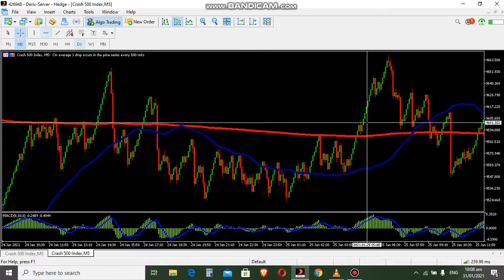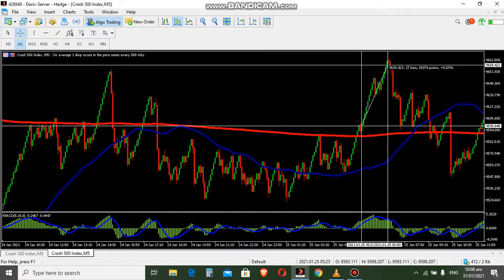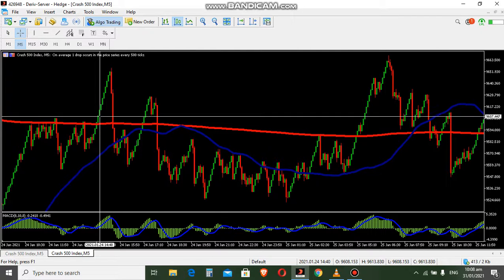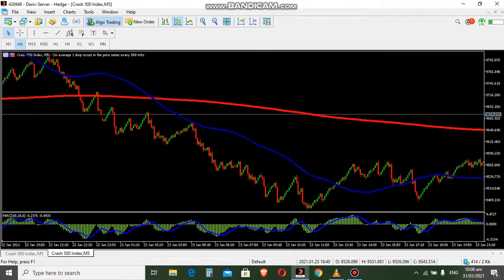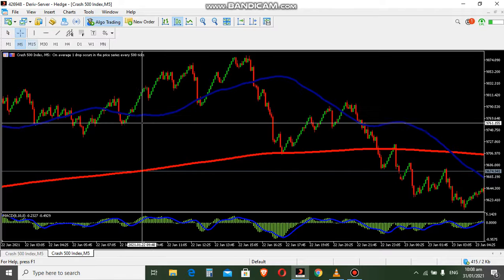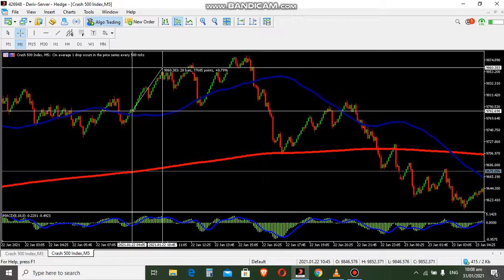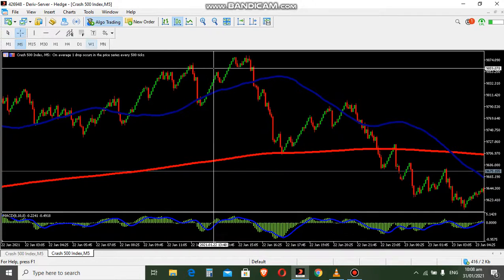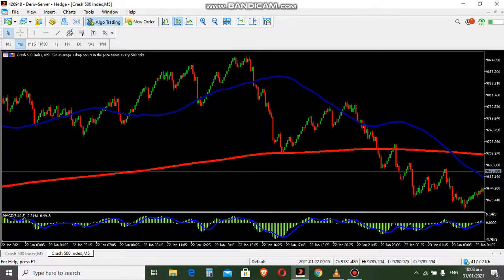But we see this area, MACD and the candle price, profit. We see this area, we get a profit. Anytime the MACD comes up and the candlestick is up, profit. MACD was down, it came up here, we got a little profit here.